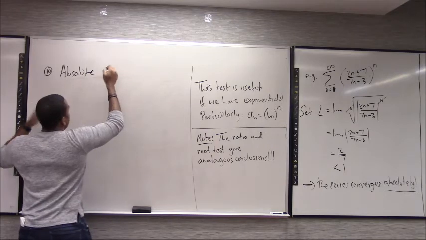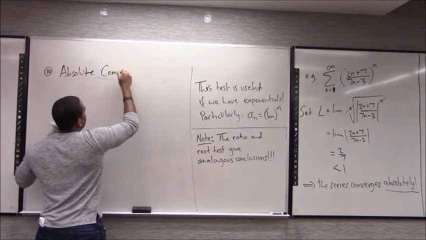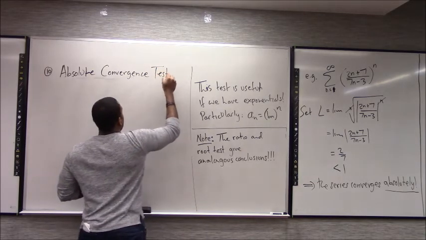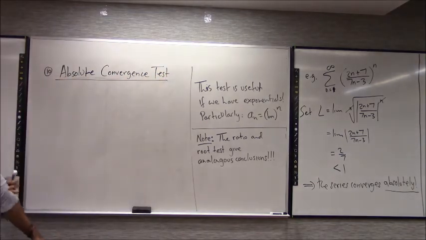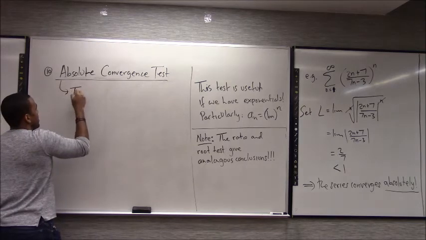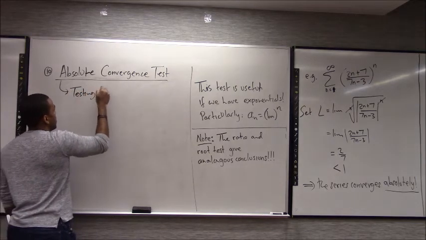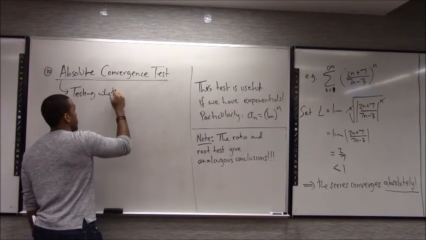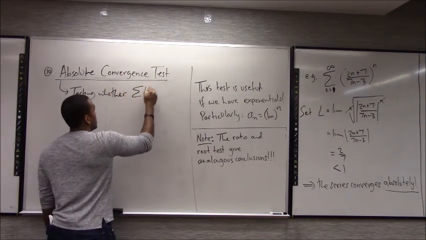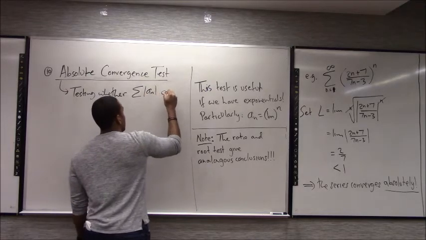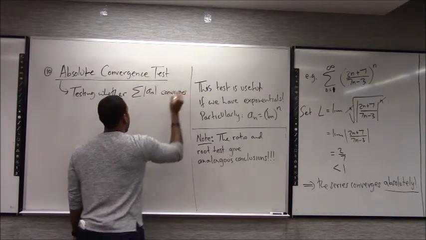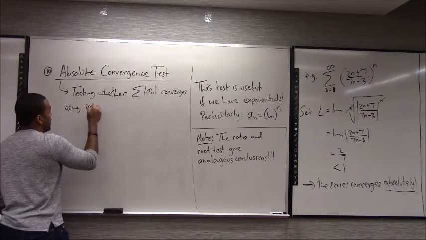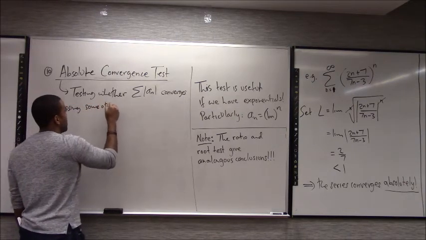Your book talks about this thing called the absolute convergence test. It's not really a test though, specifically. And this just means testing whether this guy converges using some other test, really.